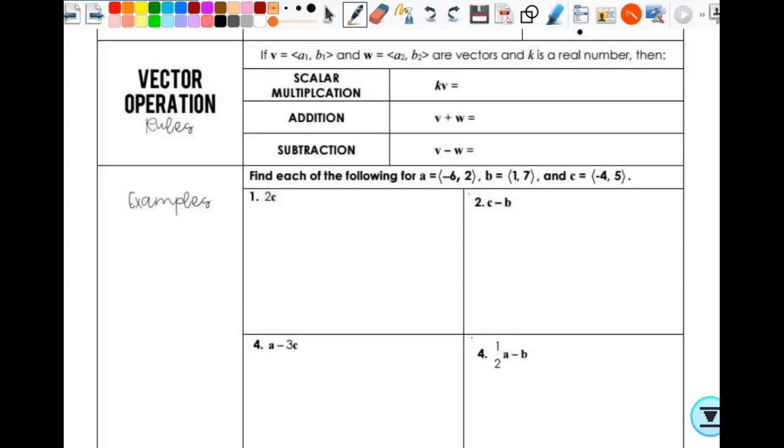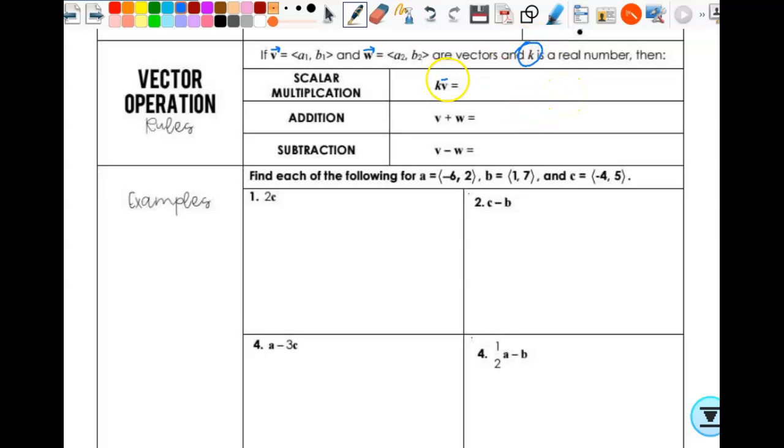All right, so now we're going to look at what happens algebraically. If we have vector v as a1, b1, and w as a2, b2, because they could be just anything. Remember that k is our scalar, a real number.